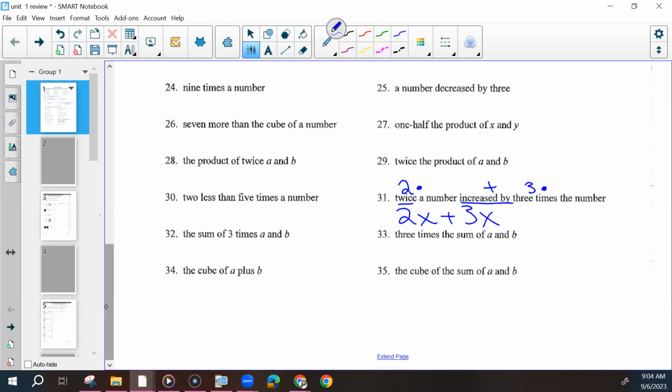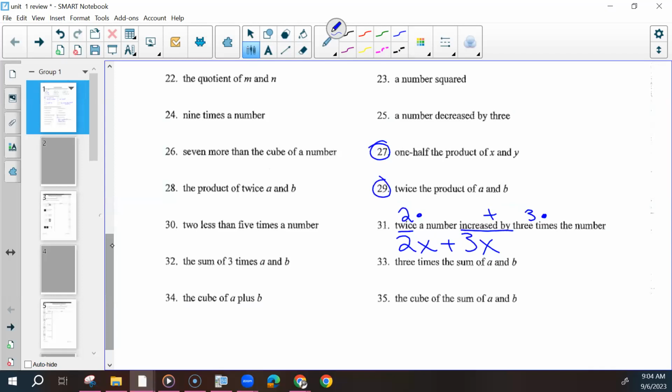29. 29, okay, 27. We'll do 27 then 29. 27, 1/2 the product of x and y. So we know we have this 1/2. We know it's being multiplied to the product of.